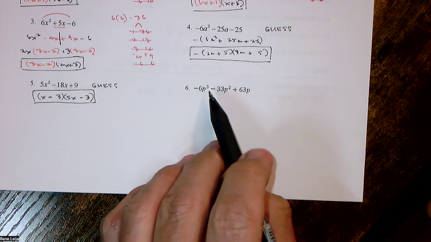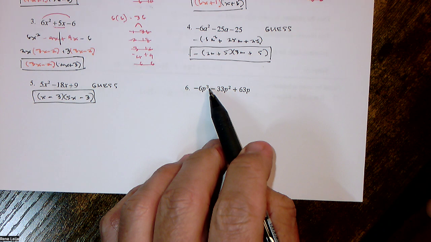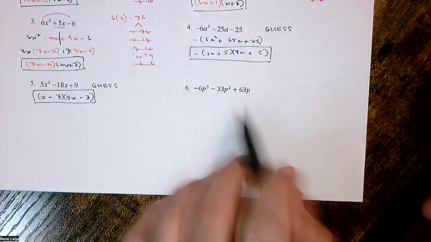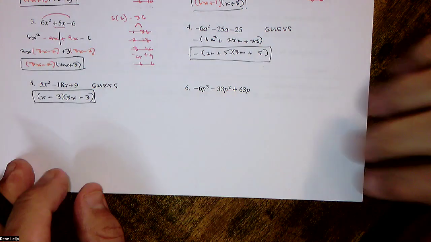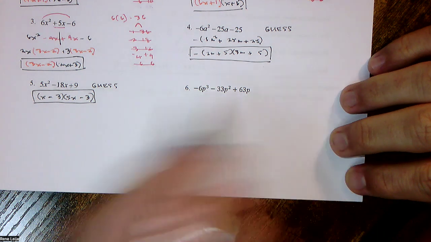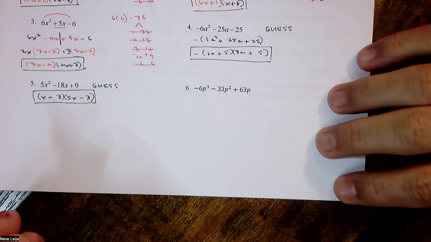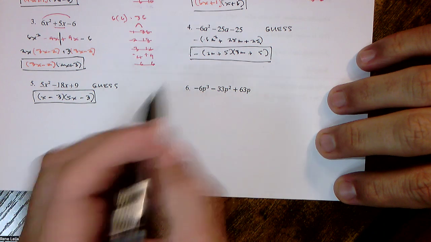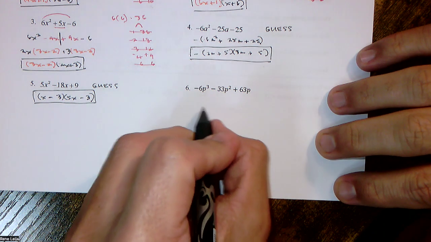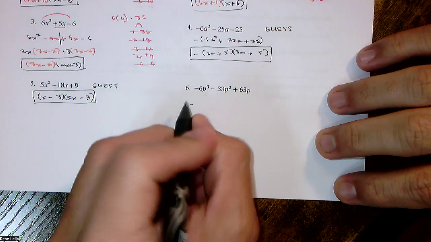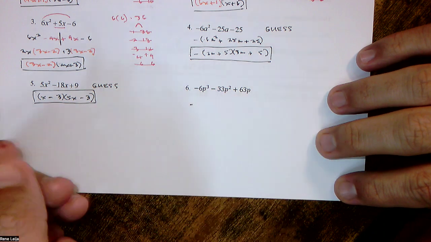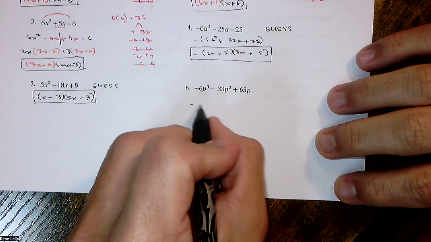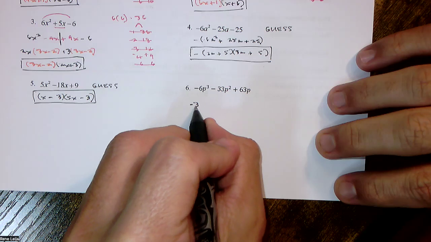Now, be careful because look how the rest of these were degree 2s, but this is a degree 3. And notice what you have in all 3 terms. Okay, so we start off with the negative. So that means I'm going to take at least a negative out. 6, 33, and 63 are all divisible by 3.